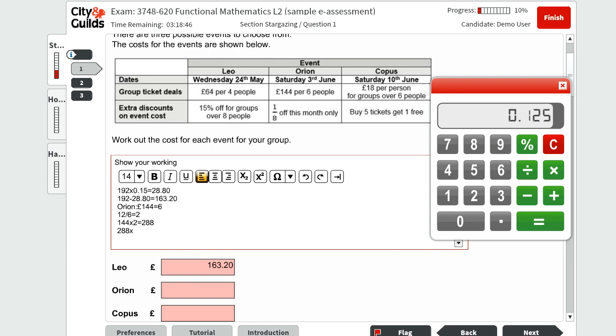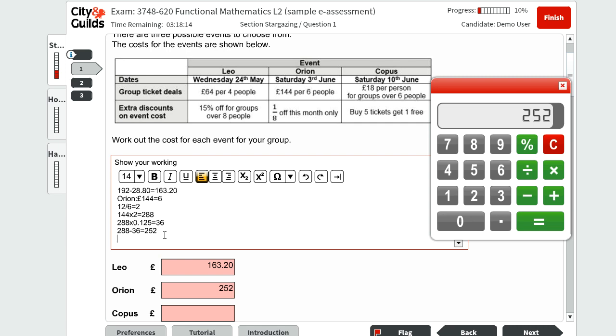Again, 288 times 0.125 equals 36 pounds off. So 288 minus 36. Make sure you use the calculator, as sometimes when you're in a rush you will end up making mistakes. So we have 252. This will be the cost for Orion.